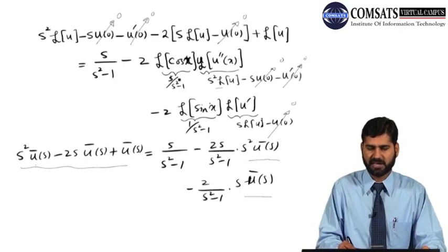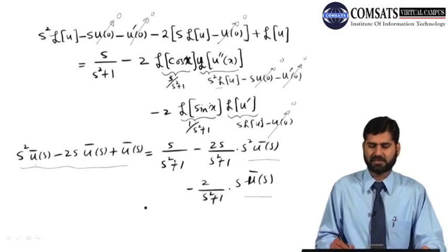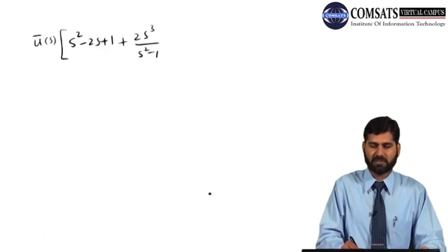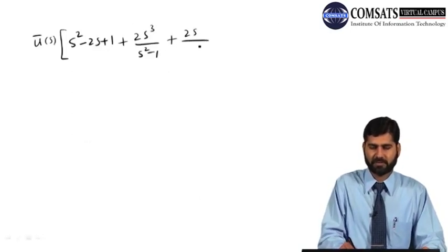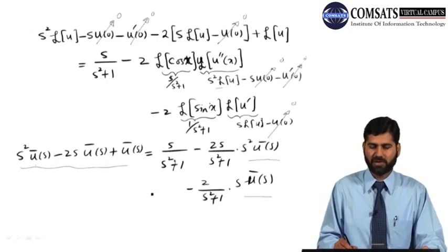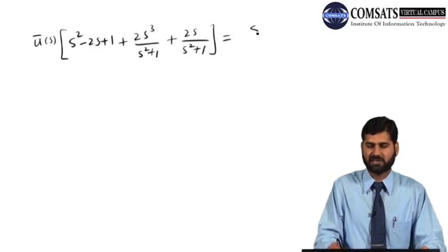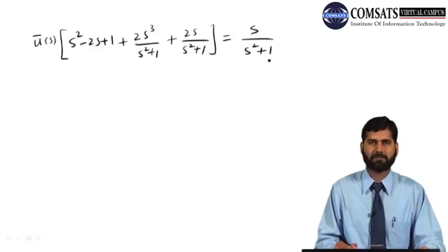I think sine and cosine have Laplace transforms with plus 1, all pluses. So plus 2s over s square plus 1. This whole thing is equal to what we are left with, only this term on the right hand side, which is s over s square plus 1. This is what you got.